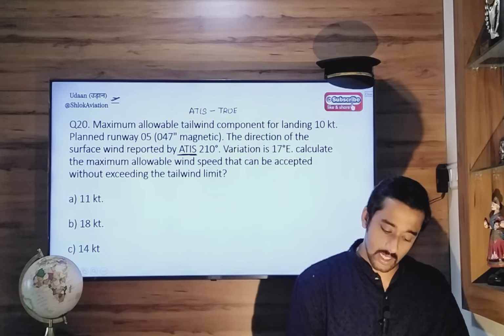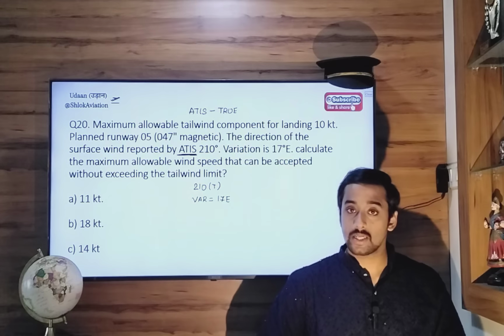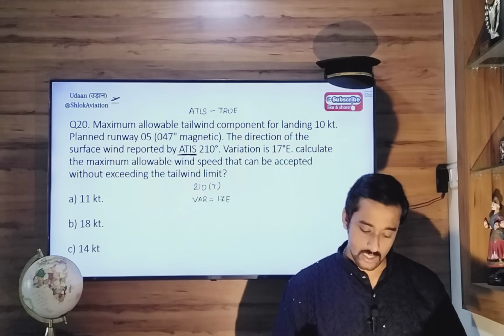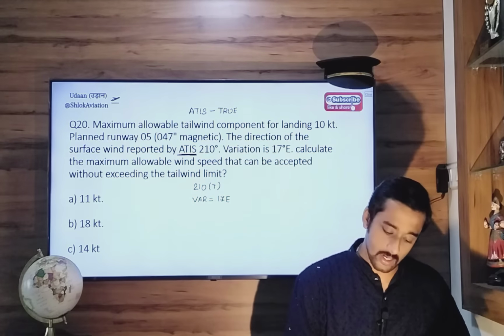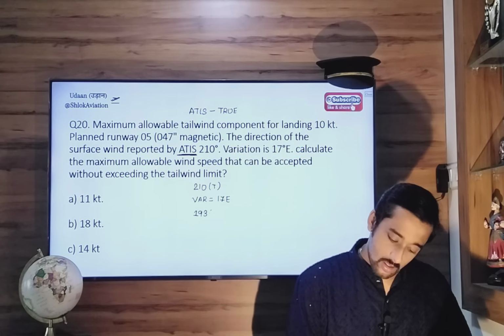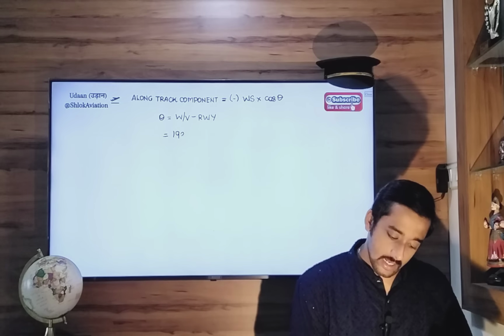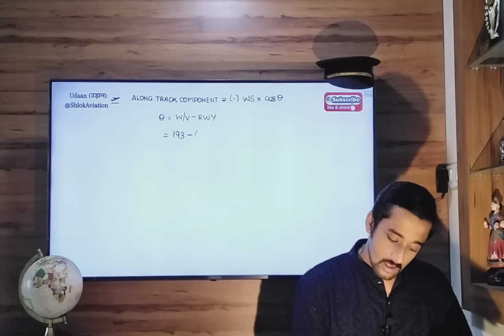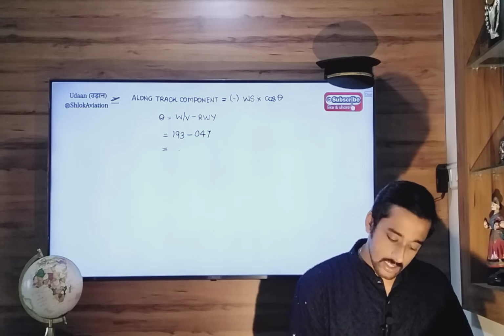Now here wind direction is 210, variation is 17 east, east is least, so 210 minus 17, so magnetic will be 193. So 193 minus runway direction 047. Use the accurate value. 146.